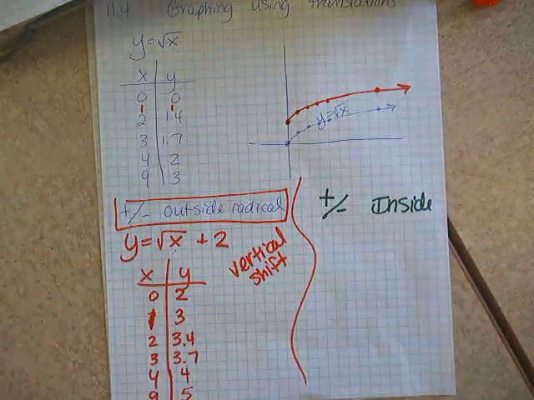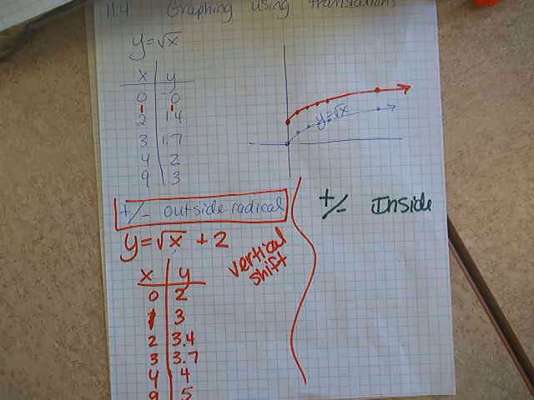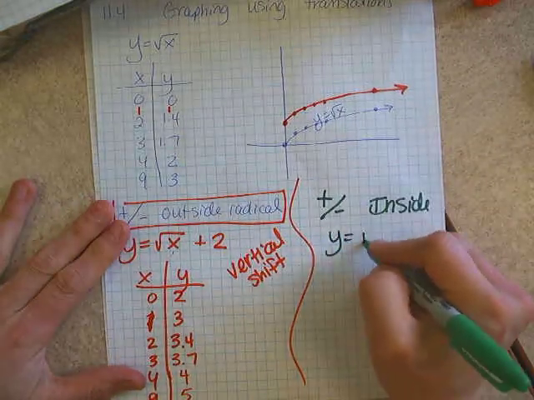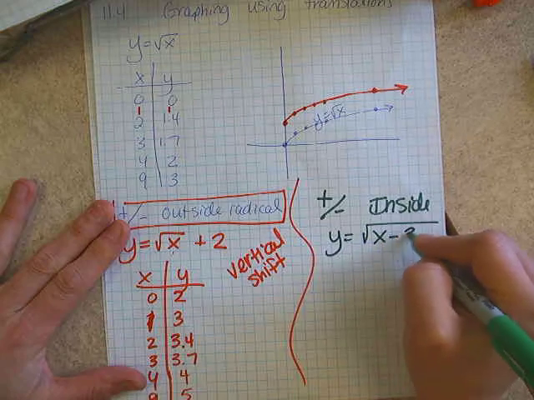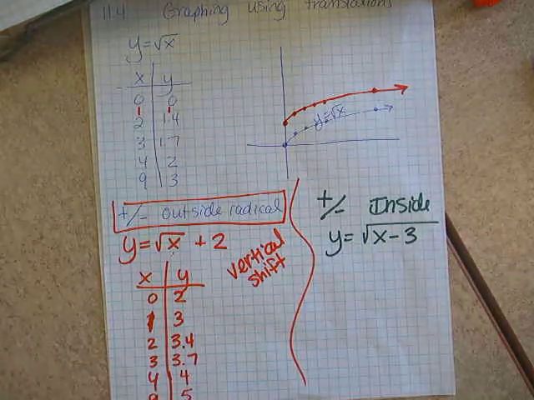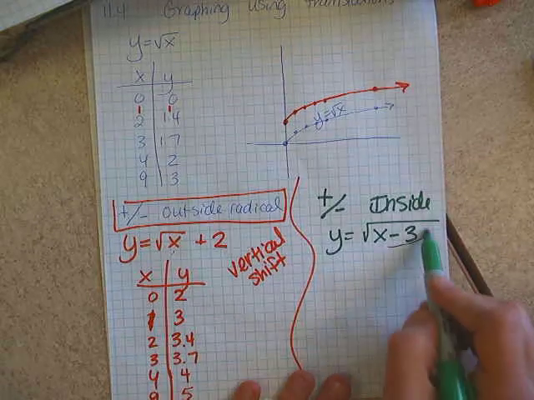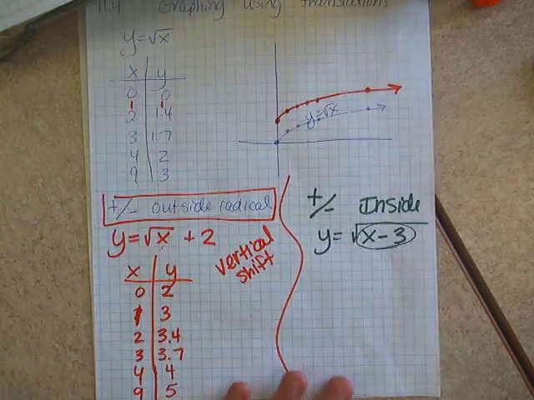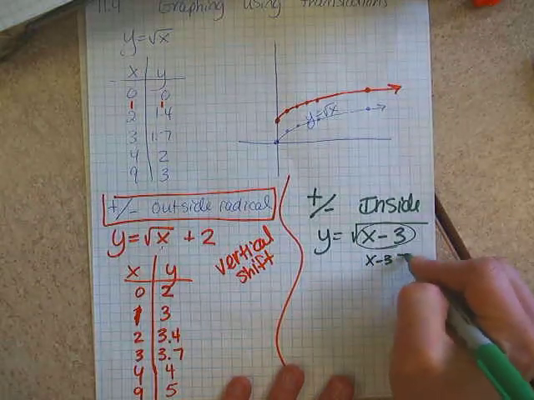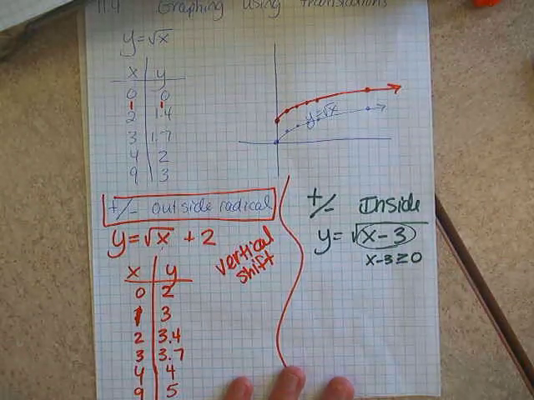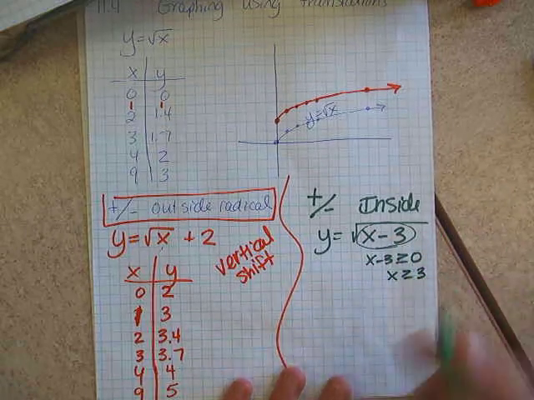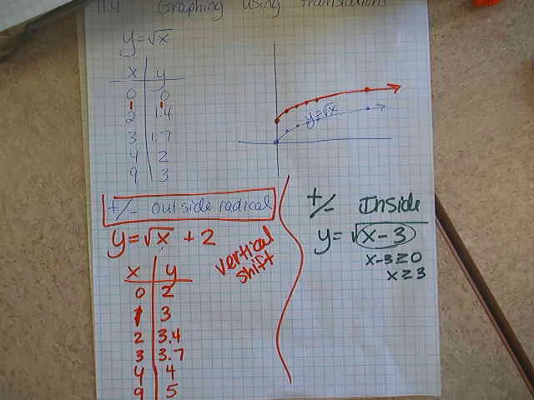Okay. If I add or subtract a number inside my radical, for instance, the square root of x minus 3, now there is more than just x inside. So I have to consider my domain. x minus 3 is greater than or equal to 0.